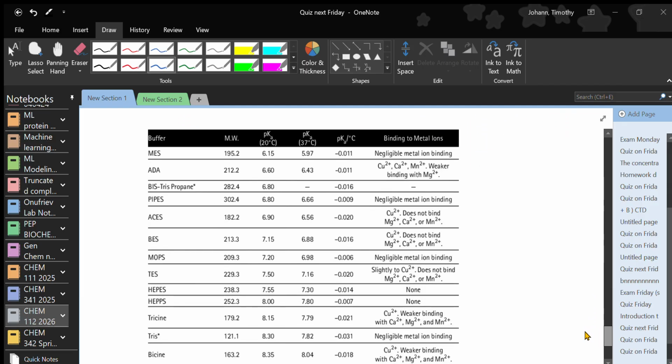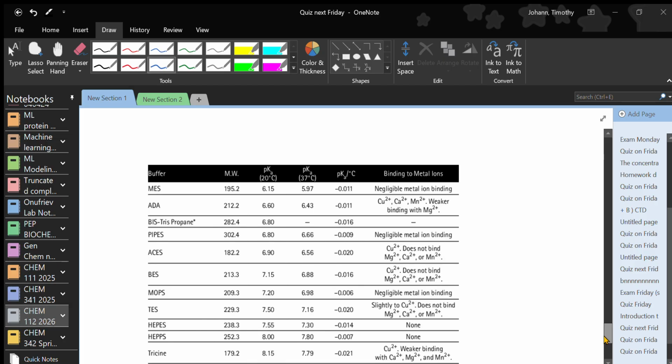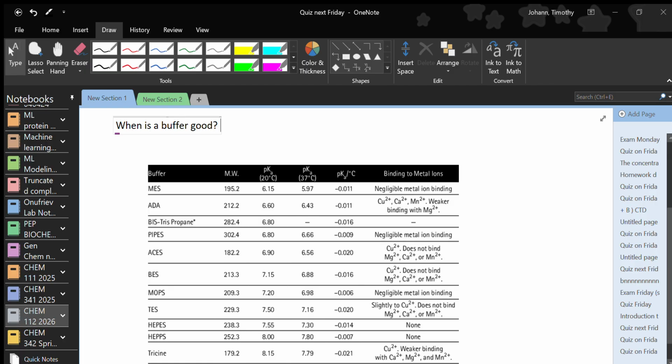Okay. I want to talk real quick. I'm probably going to repeat myself on this because I didn't make it this far with the other class, but I want to talk about how do you know where a good buffer is? We talked about this the other day. When is a buffer good? We say a buffer is good when we have a decent concentration or almost equal concentration of the acid and the conjugate base.